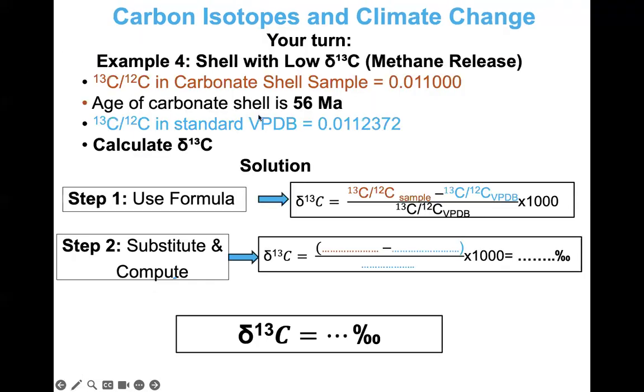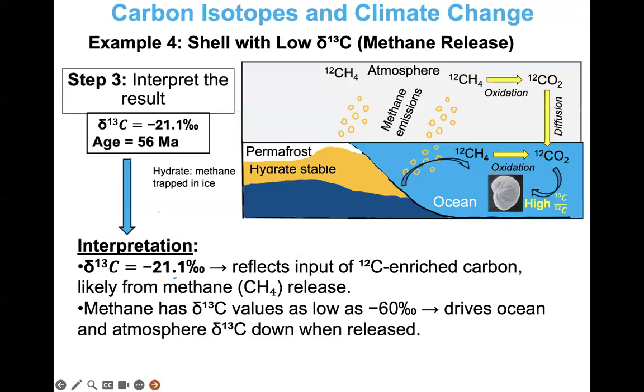Okay. Another example: shell with low delta 13C, methane release. You have your shell carbonate, the age is 56 million years, the standard is this, so just substitute the numbers and you're going to get this number right here, minus 21.1. Again, imagine that the age of this rock that we analyze is 56 million years.